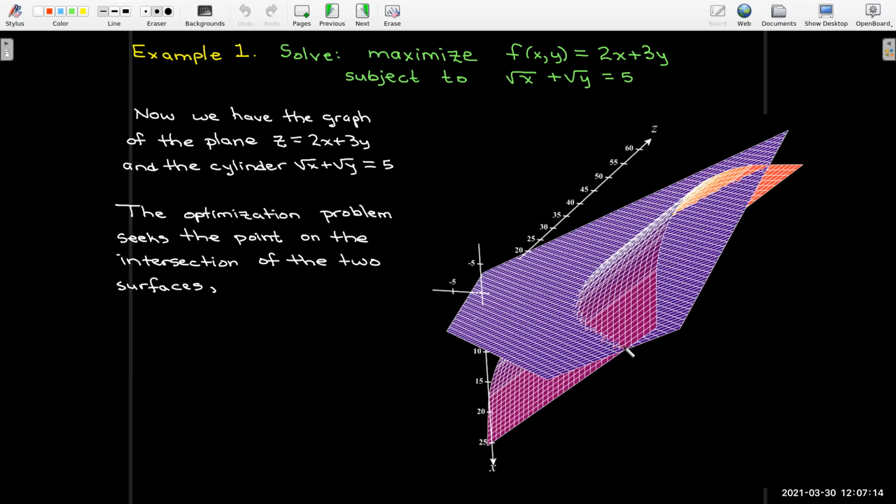And so just from this view, it looks like our candidate is clearly wrong, and that the largest value is going to be over here near the y-axis.